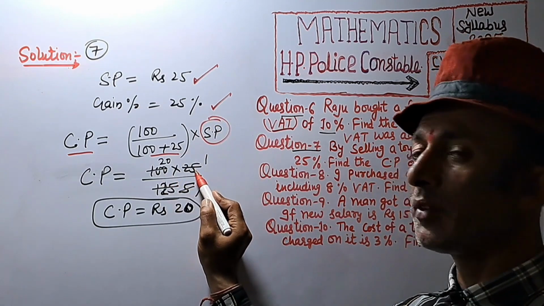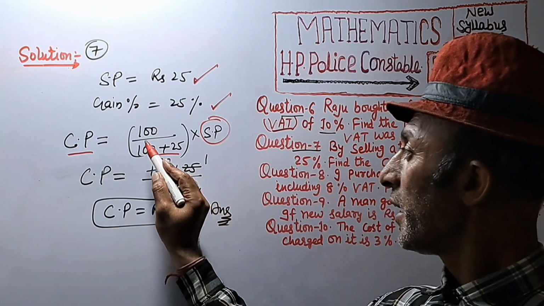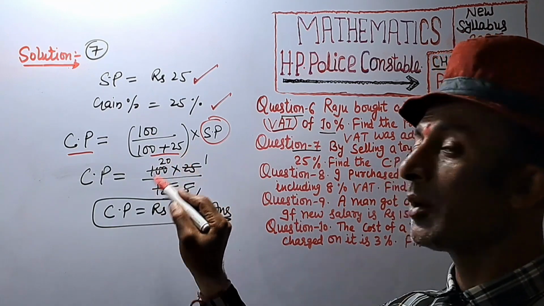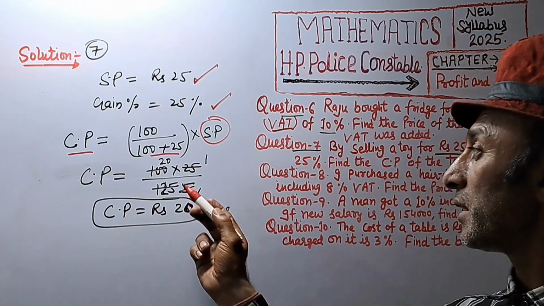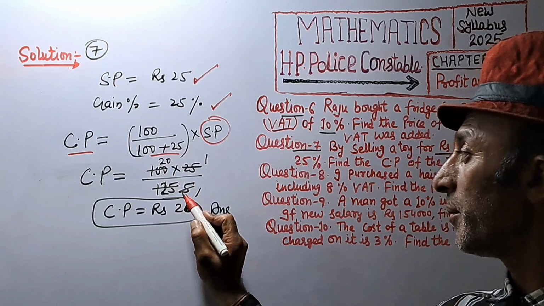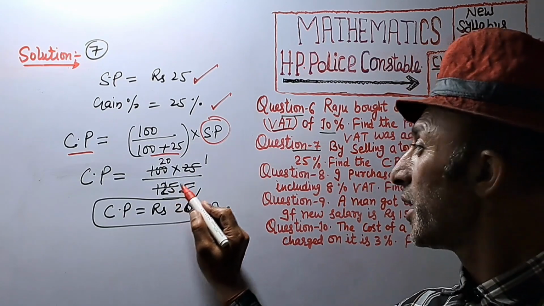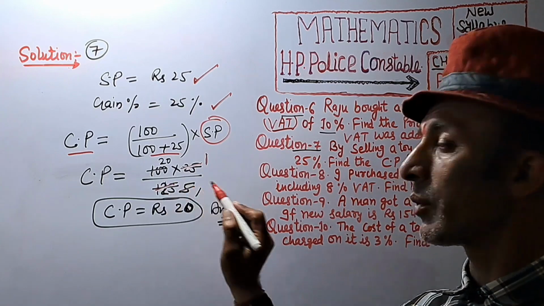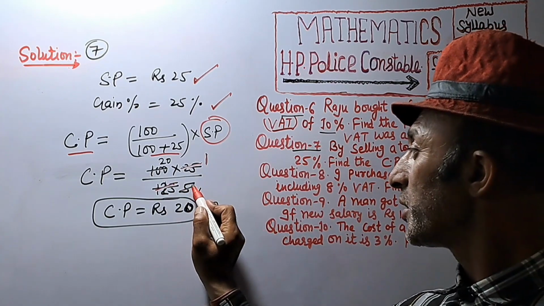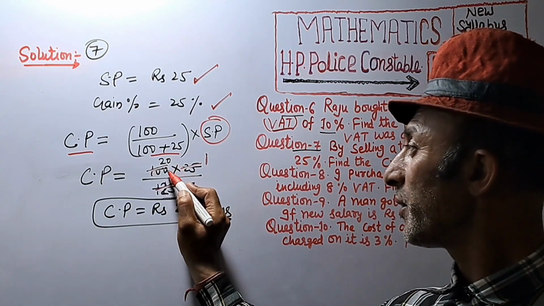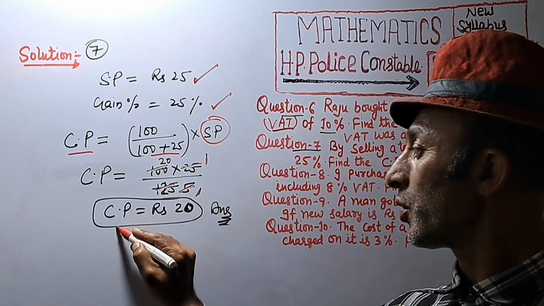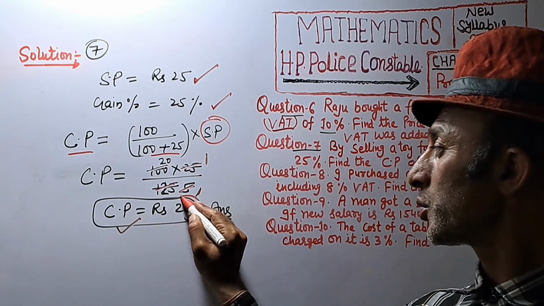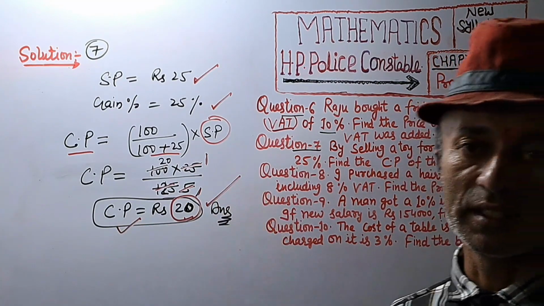Selling price is 25 rupees. 100 plus 25 is 125. 25 ones are 25 and 25 fives are 125. 5 ones are 5 and 2 fives are 10. So we get cost price equal to rupees 20. Answer.